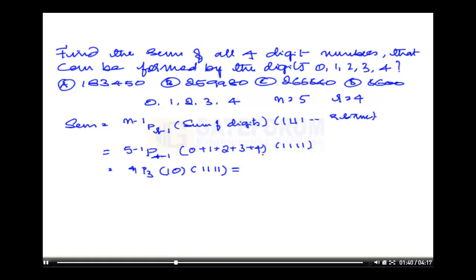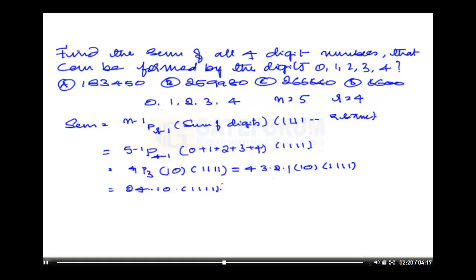So this can be calculated as 4 into 3 into 2 into 1 into 10 into 1111. This sum will give you the sum of all 4 digit numbers, which also contain some that begin with 0. So simplifying further, 24 into 10 into 1111. Let us keep this sum, later we can calculate.